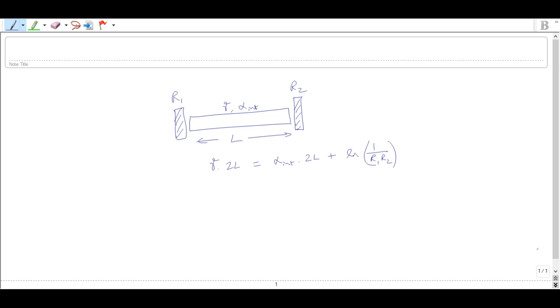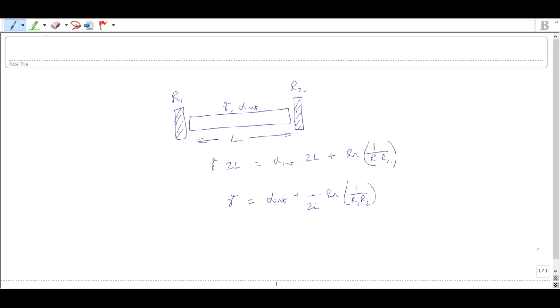Here gamma multiplied by 2L corresponds to the total round trip gain, alpha int multiplied by 2L corresponds to the total integrated loss inside the cavity, and ln of 1 over R1, R2 corresponds to the loss at the mirrors. Now we divided this entire expression by 2L, and then we said gamma equals alpha int plus 1 over 2L ln of 1 over R1, R2, right?